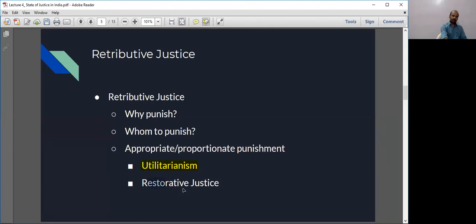Now what is restorative justice? Restorative justice pays attention to the kind of things which you are making someone do for the person who was the victim, right?